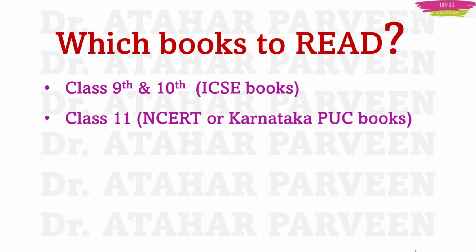In Karnataka we call it PUC first year, so it will be the Karnataka PUC first year book. Basically the Karnataka PUC first year book provided by the Karnataka government is the same as the NCERT. They only change the cover page of the book. The rest is the same, it is the NCERT book only.